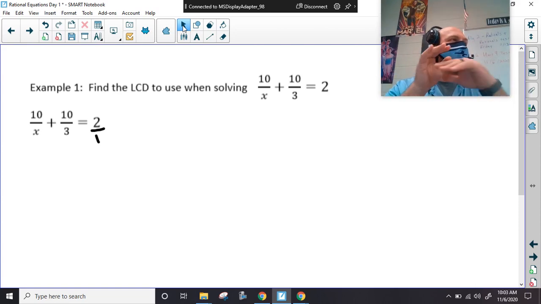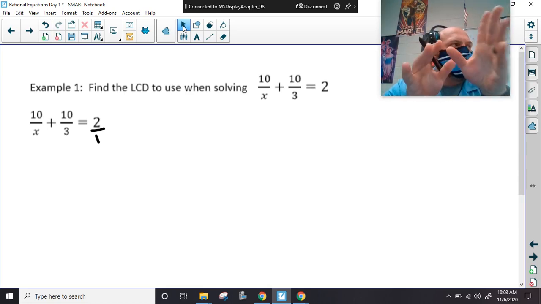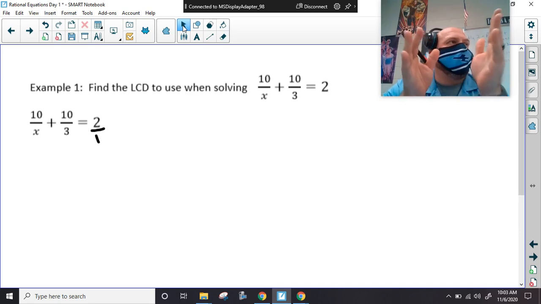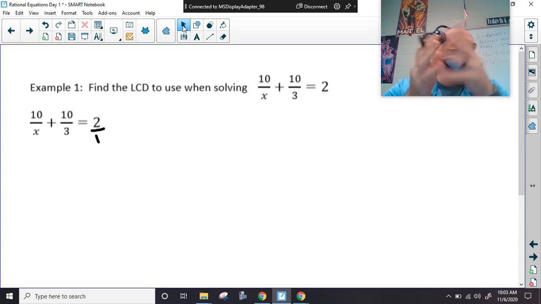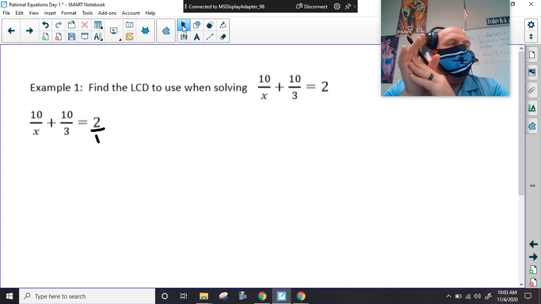Okay, so on the back, for some of these that we're going to do, I'm going to try to find the ones where we don't have to factor or anything like that. I want y'all to just get the least common denominator, and most of the time, not all the time, like 75 to 80%, it's actually multiplying all your denominators together.